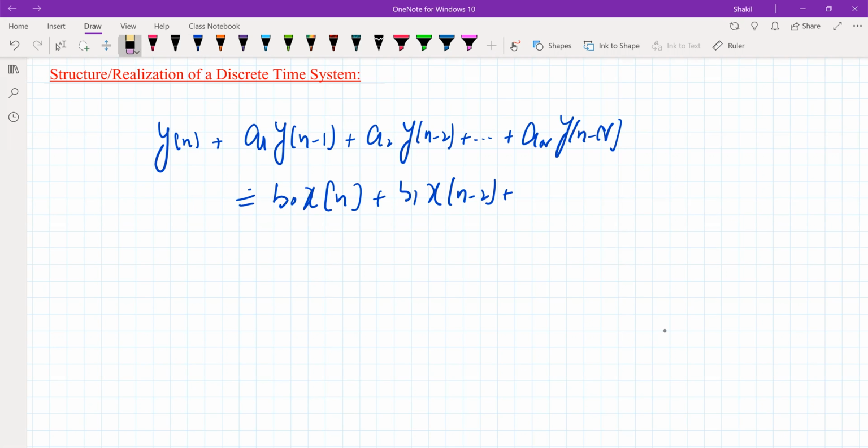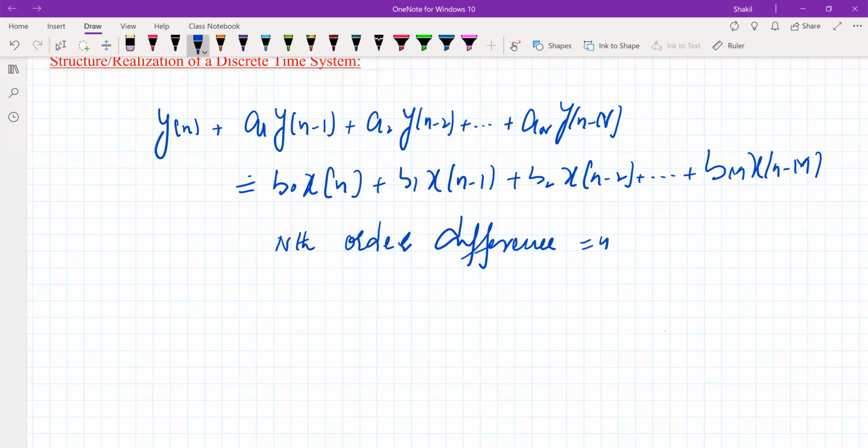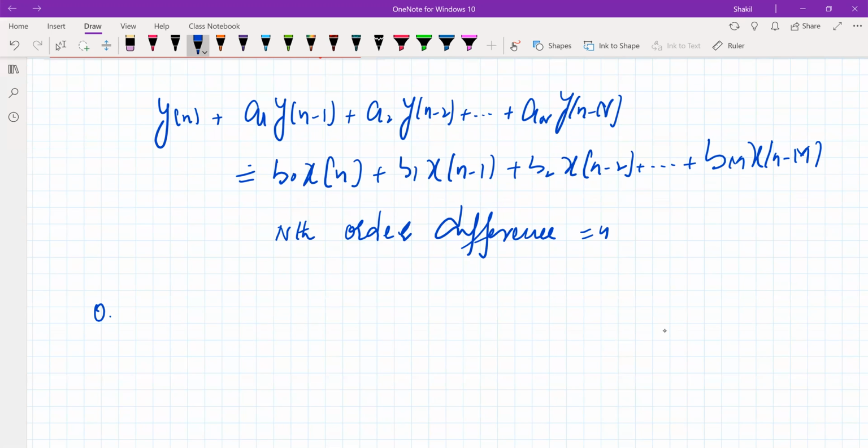Sorry, let me put in one term here. And we say this is an nth order difference equation which characterizes this discrete time system. We can also write the above difference equation like this.